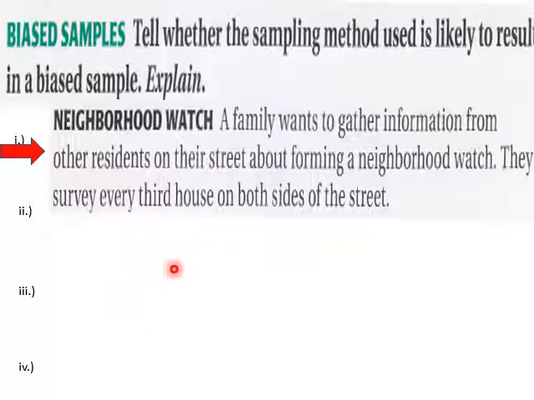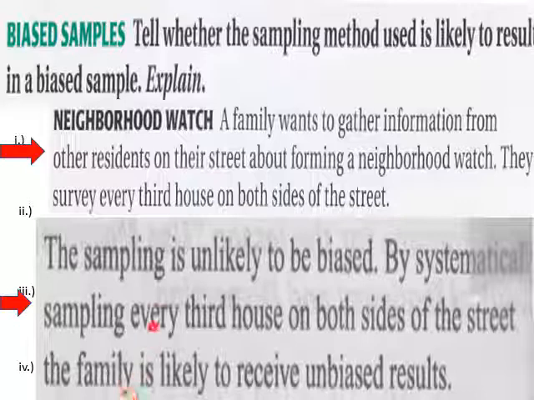Okay, so for the neighborhood watch situation, the sampling method is unlikely to be biased. By systematically sampling every third house on both sides of the street, the family is likely to receive unbiased results, because it's somewhat of a systematic method. Every third house, it's not biased in any other way.